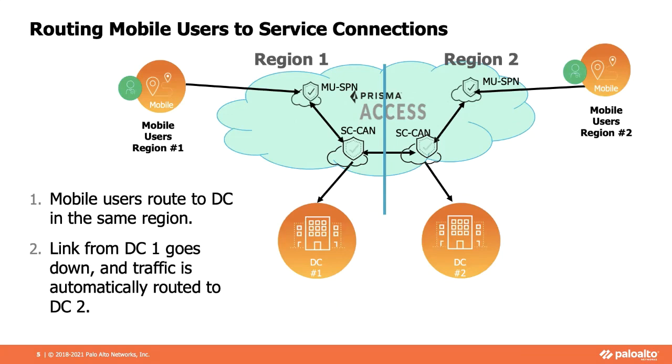Mobile users. Now I have a user sitting at home trying to reach some sort of service, again, say Active Directory, in an existing data center. They would hit a service connection CAN and go down that service connection to get to the service they require.